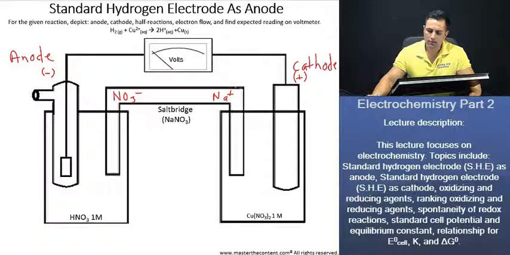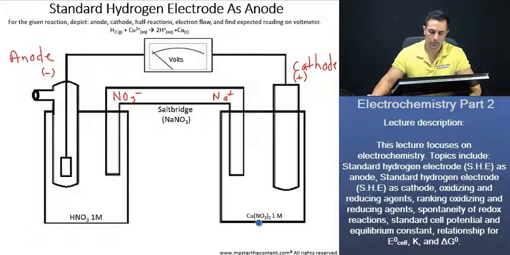Now, we also have a voltmeter, and this is the conducting wire going through it. This half cell is going to have a 1 molar nitric acid solution in it, and this half cell is going to have a 1 molar copper nitrate solution in it.